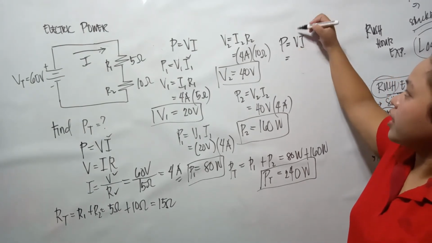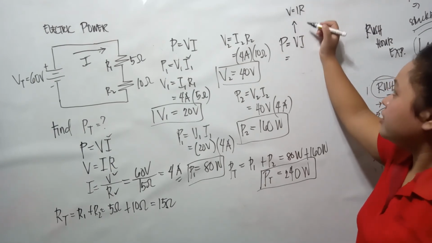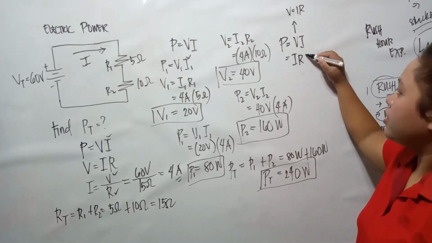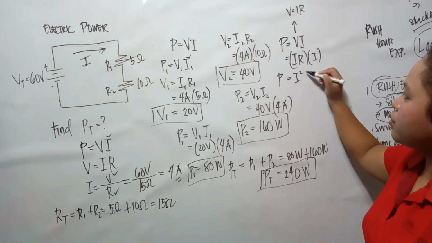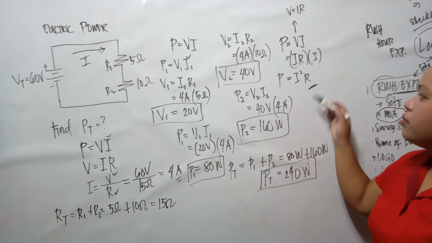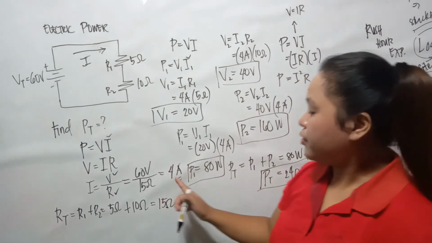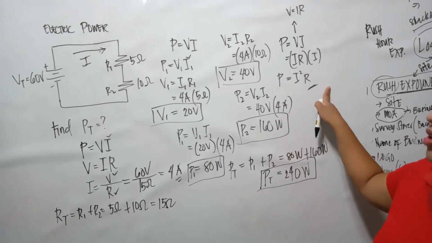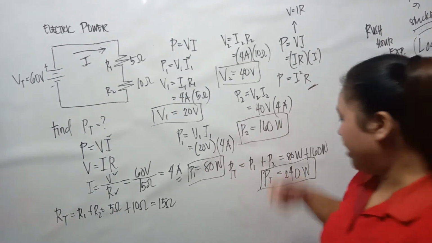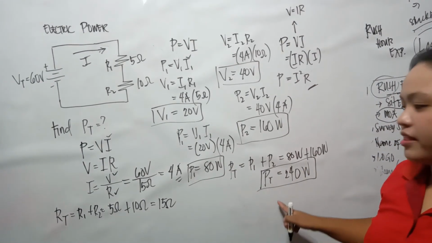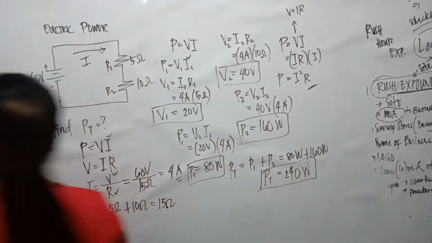And we know that voltage is equal to IR, so we have IR multiplied by I. We get power is equal to I squared R. We can also use this formula because we already have the current, which is 4 amperes, and we also have the value of each resistance. Let's try using this one and see if we still get the same answer.